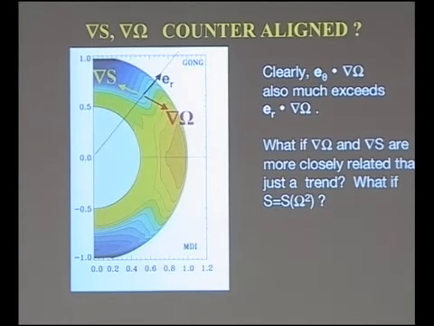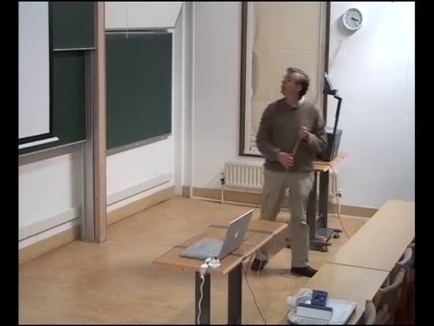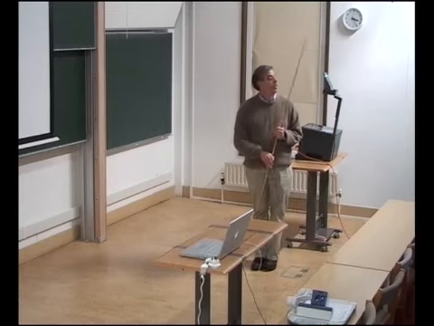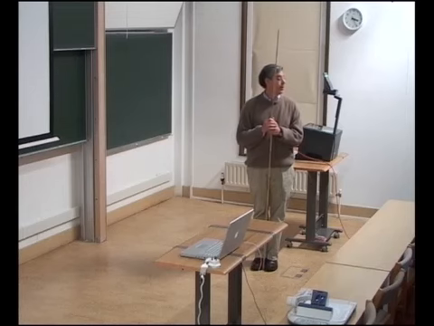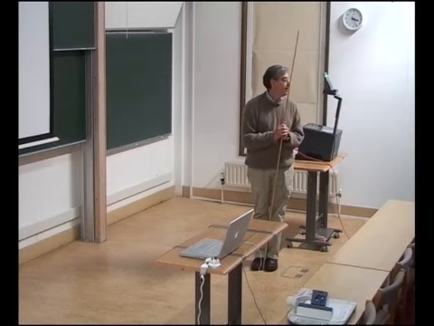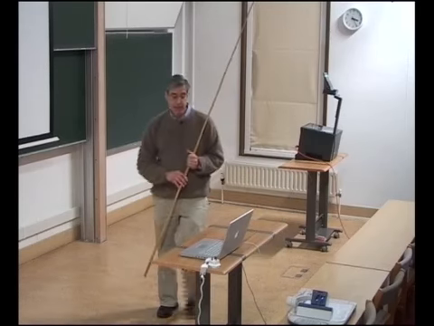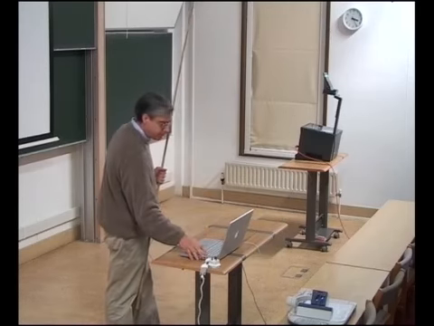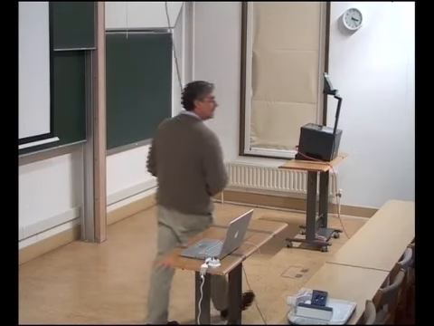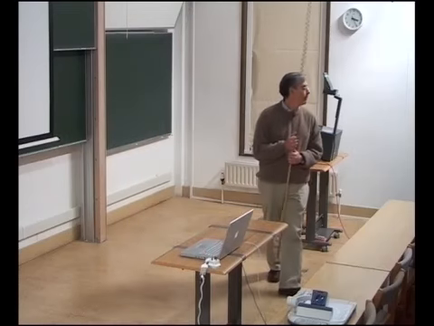What if, in fact, as this picture is suggesting, the surfaces of constant omega and the surfaces of constant entropy very nearly coincide? One is going up, the other is going down, but the surfaces on which they're constant, what can we learn by this assumption, apparently supported by the data, that there seems to be this close relationship between the entropy and the angular velocity?